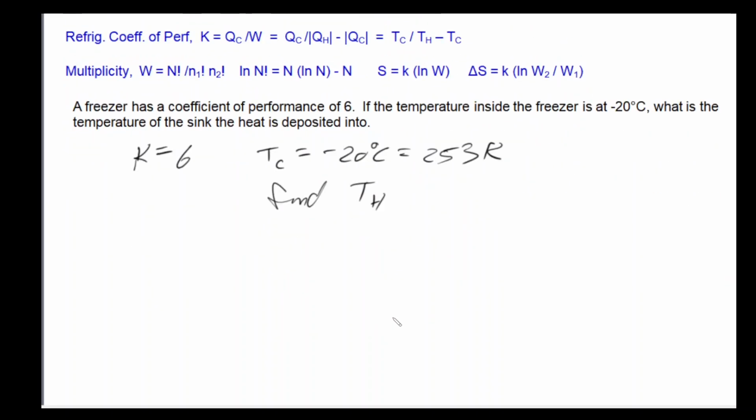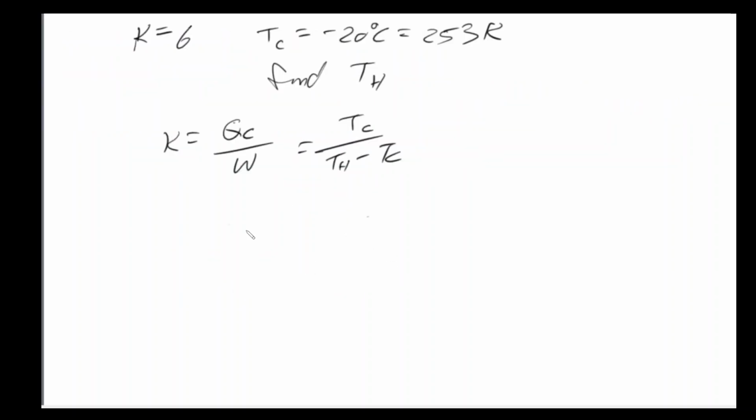Okay, well, we know that K is equal to QC over W, which is equal to TC over TH minus TC. So we know that K is 6 because we were given that. That's equal to TC, which is 253 over TH minus 253.